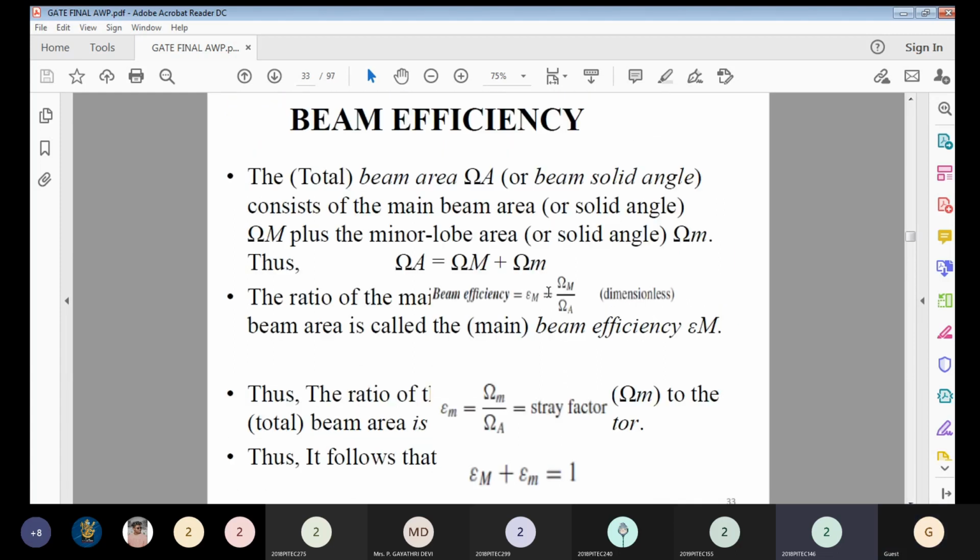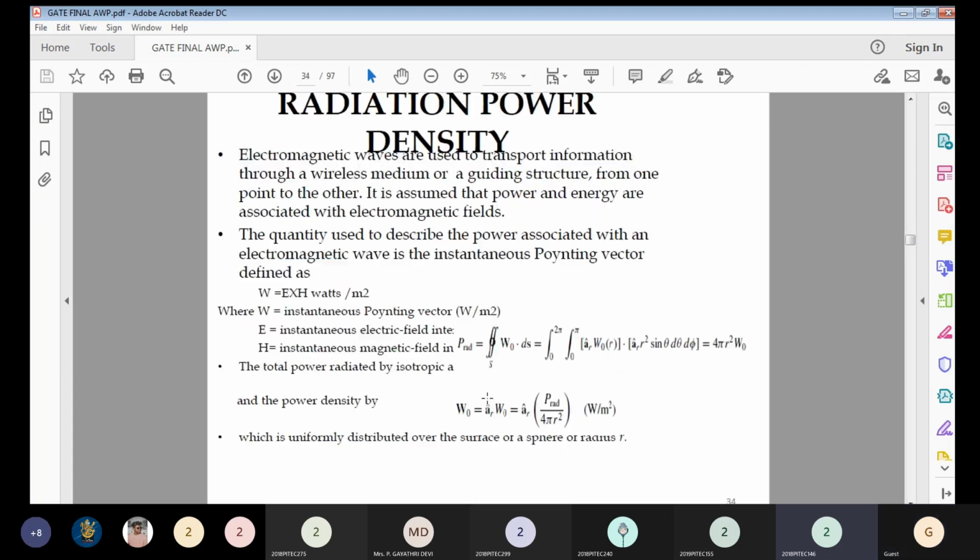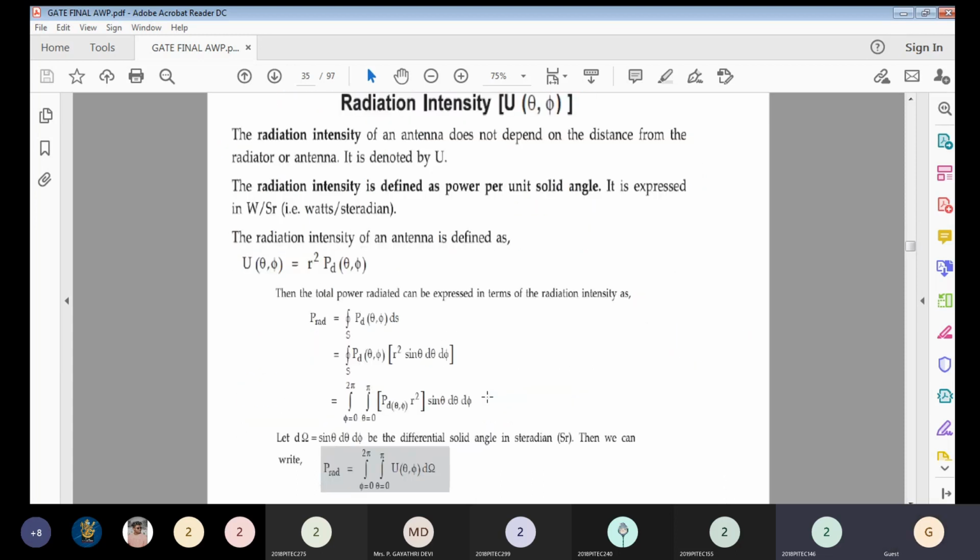Beam efficiency is nothing but the ratio between the major beam area to the total beam area, and the stray factor is the minor beam area to the total beam area.